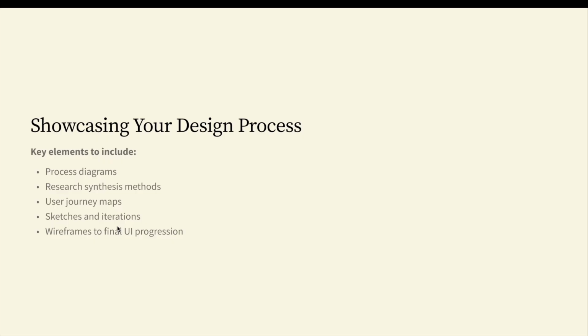And then there come the sketches and iterations, wherein we can present the evolution of our thinking, like how our design thinking process has been refined over time. How can we do this? By showing the initial sketches and the explorations that we did, and then the progressive refinement, like how we continuously refined the designs.